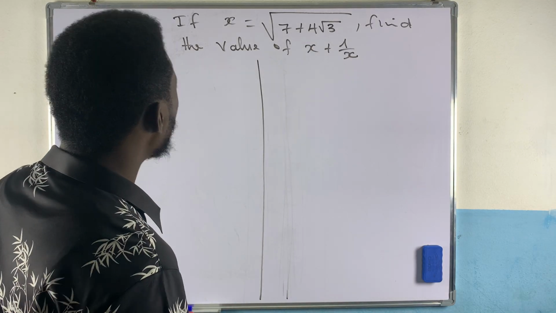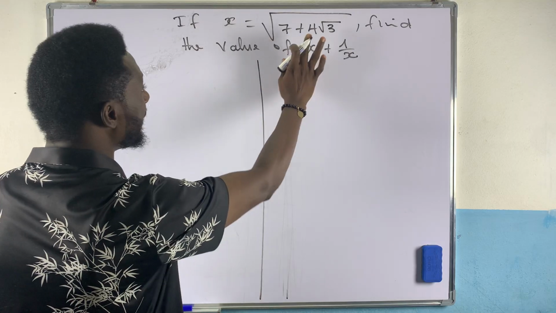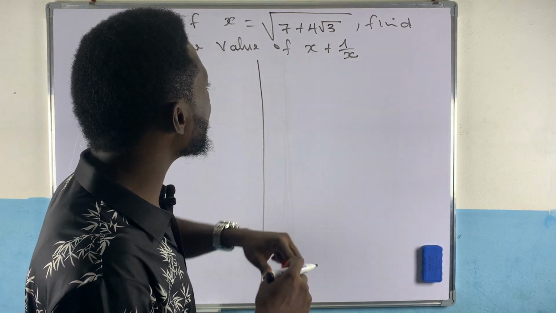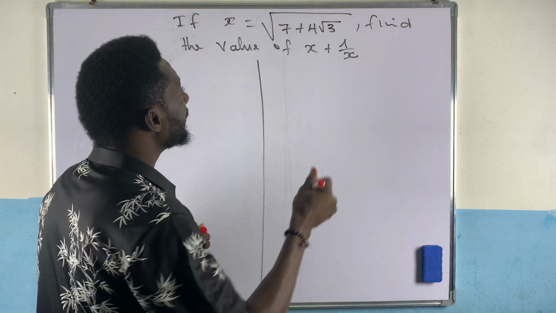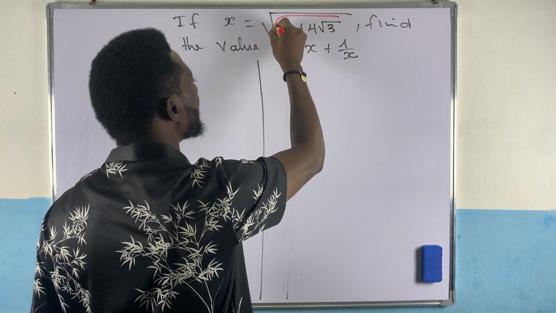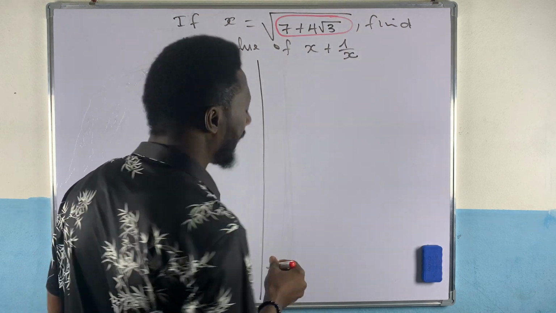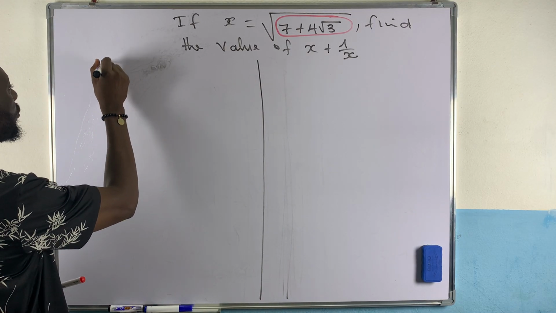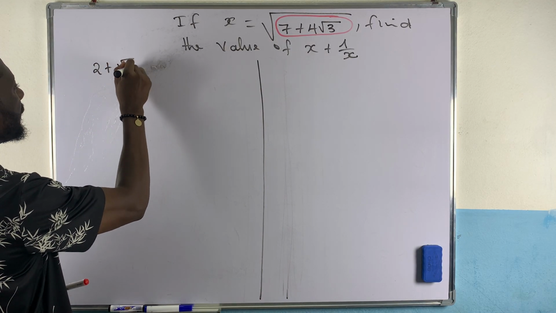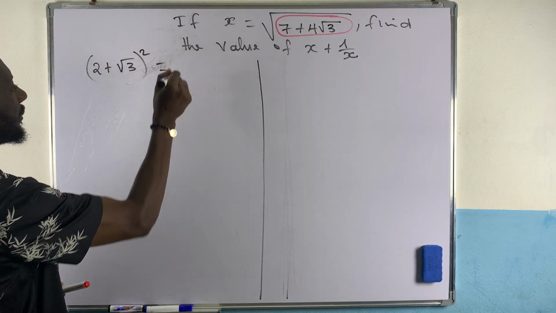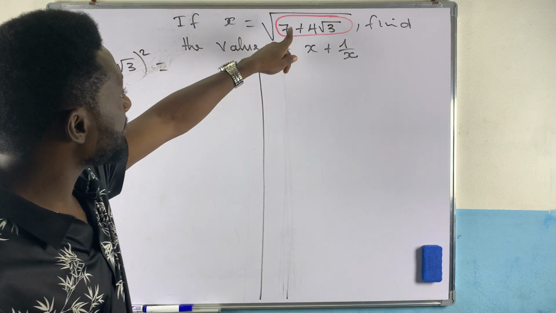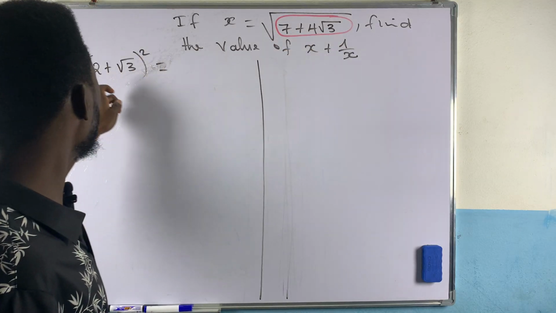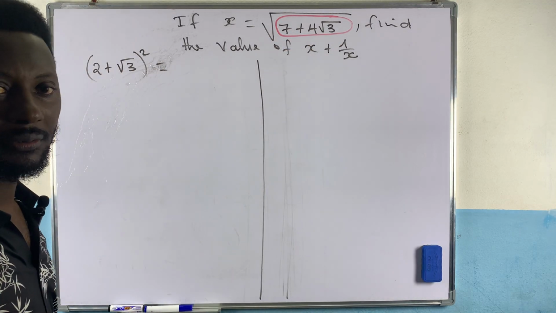So I will proceed by saying that if you look at the question very well, you will discover that this expression inside our radical is obtained from squaring 2 plus root 3, all that squared. So this expression under our radical, 7 plus 4 root 3, is obtained from this expansion.